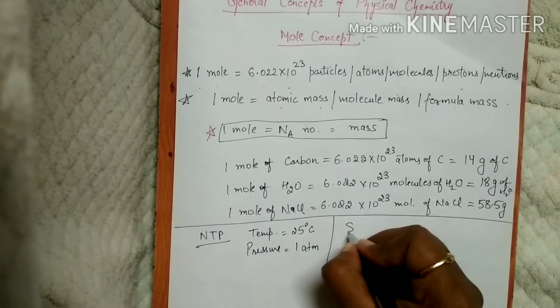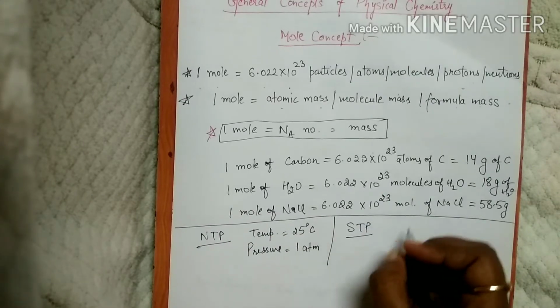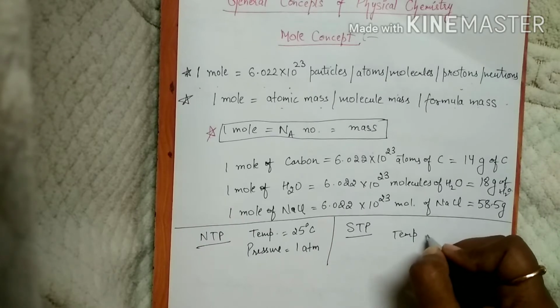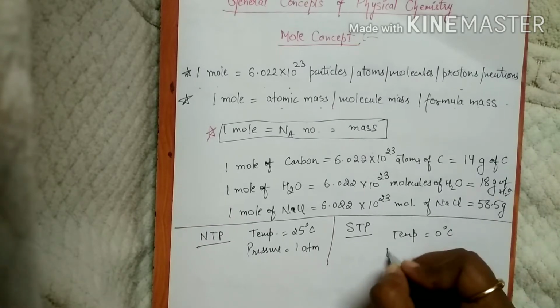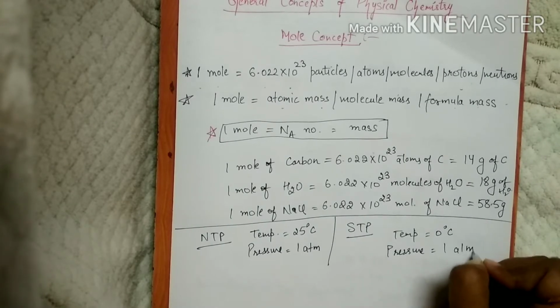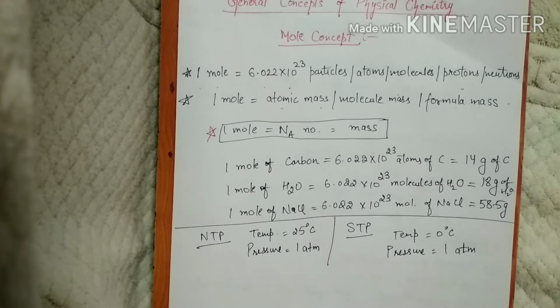Suppose I am talking about standard temperature and pressure, then it is understood that temperature is 0 degrees Celsius and pressure is 1 atmosphere. Okay, so this is the basic difference between your normal temperature and pressure and your standard temperature and pressure.